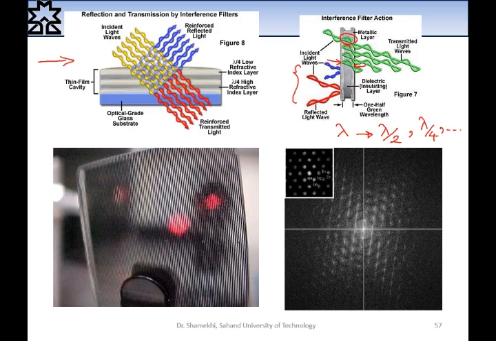We should emphasize that a layer with the thickness of half of lambda is suitable for transmitting, and also this layer can transmit some rays with a wavelength of quarter of lambda.